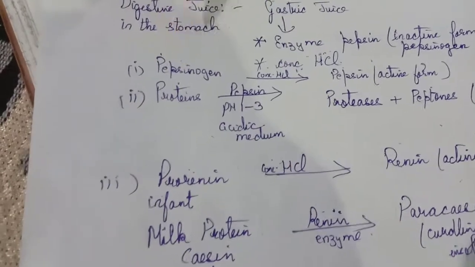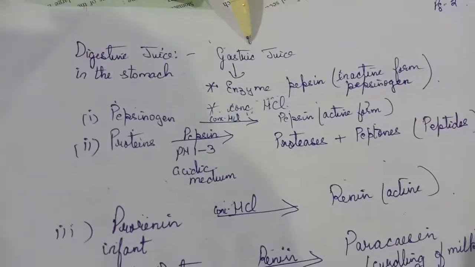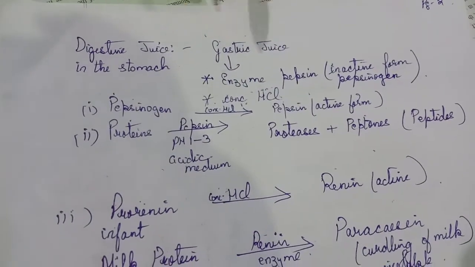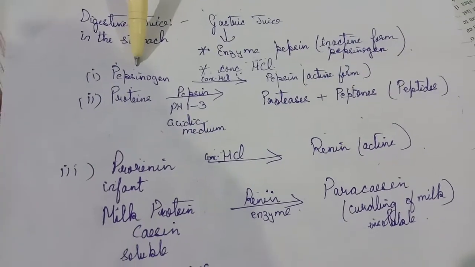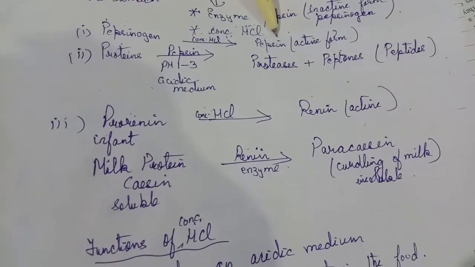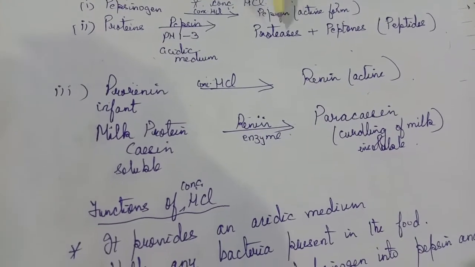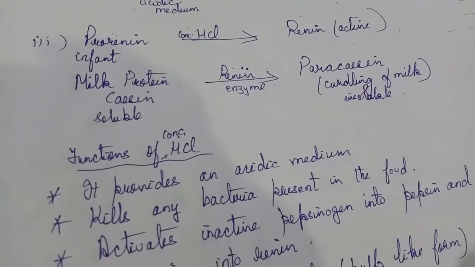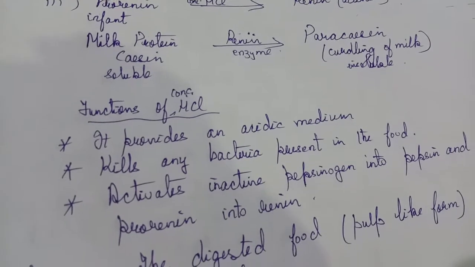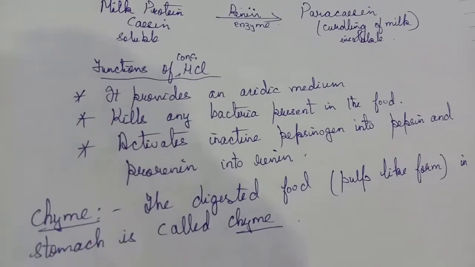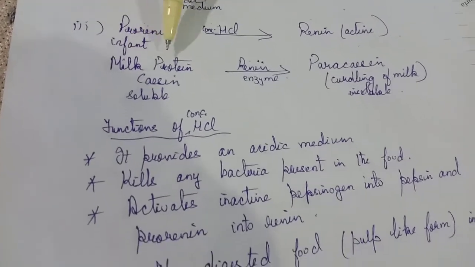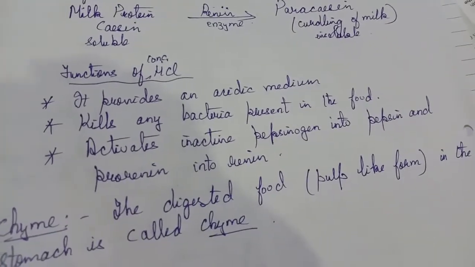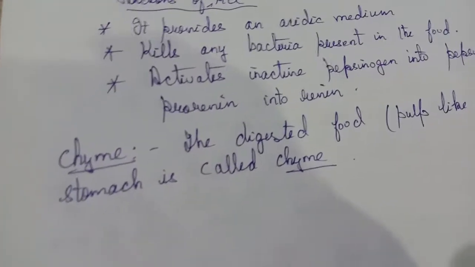See, you have the gastric juice, then pepsinogen, active pepsin, which breaks down proteins into proteases and peptones. Then you have prorenin, active renin in the presence of concentrated HCl. It converts milk protein into para-casein, or curdling.